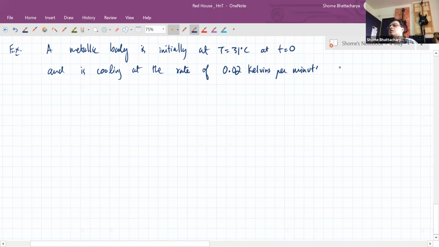Okay. The surrounding temperature is equal to 27 degrees C.